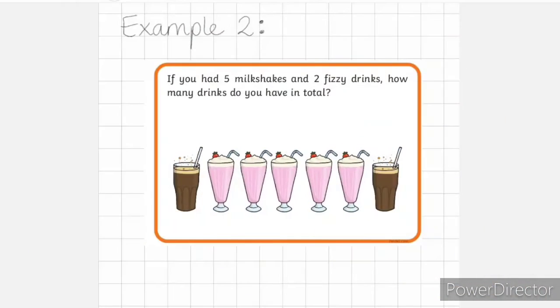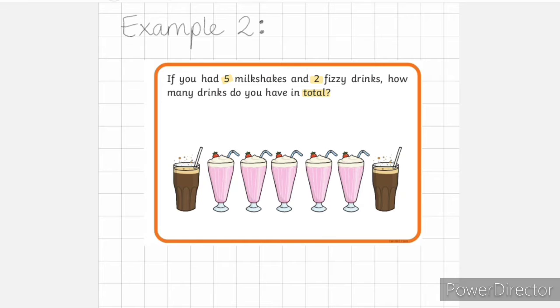Here is another example of a question that is asking us to add two numbers together. This question says, if you had 5 milkshakes and 2 fizzy drinks, how many drinks do you have in total? So the important bits of information here are the number 5 and the number 2. 5 milkshakes, 2 fizzy drinks. How many drinks do we have in total?